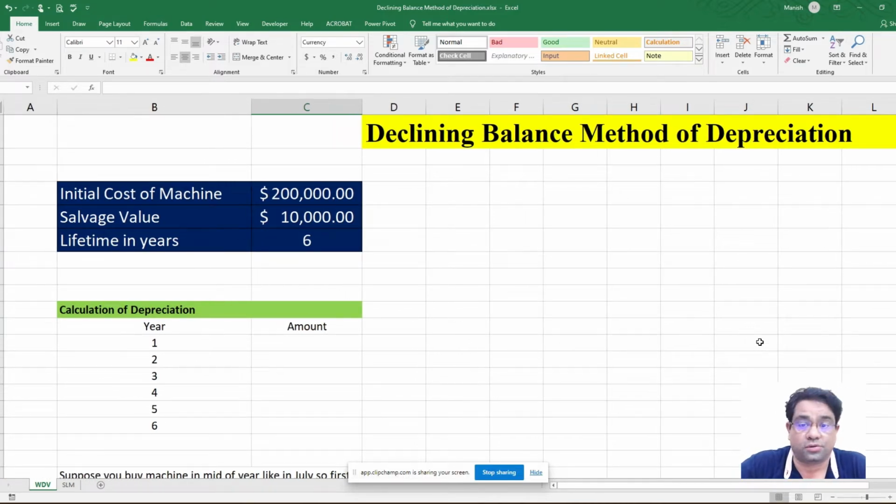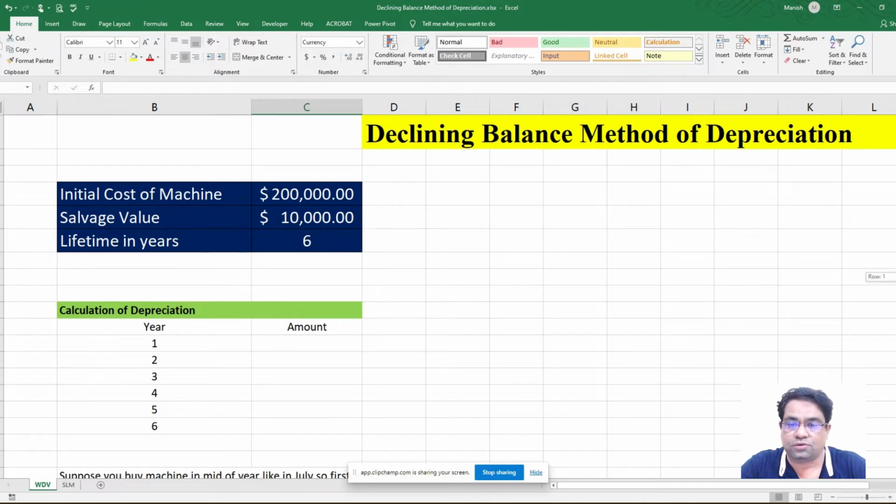Salvage value is $10,000, and this machine will work for the next 6 years. Every year the depreciation figure will not be the same; it changes year to year. Written down means the balance: first year full, second year reduced depreciation, and then lower depreciation. This method is called the declining balance method.